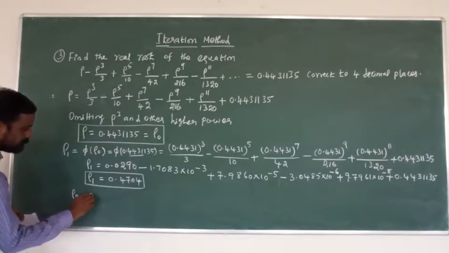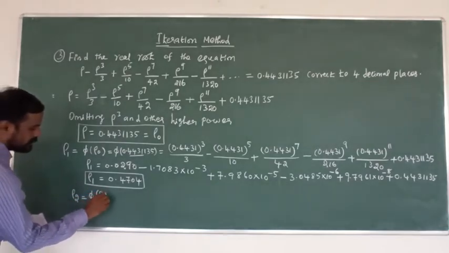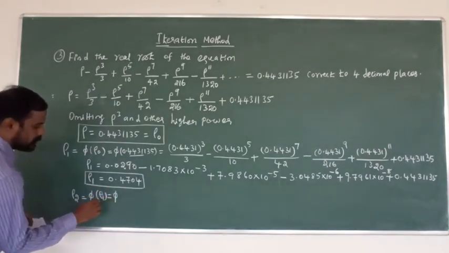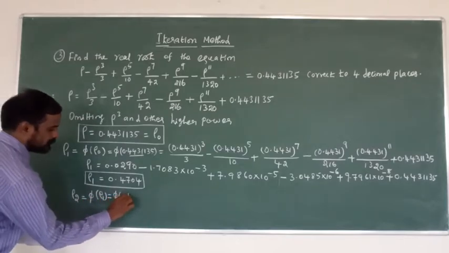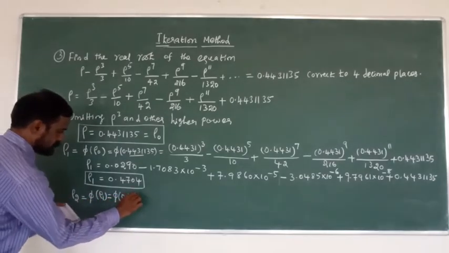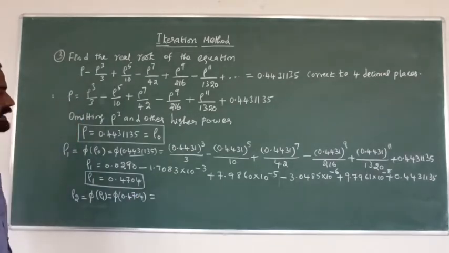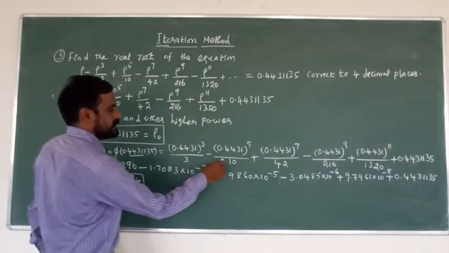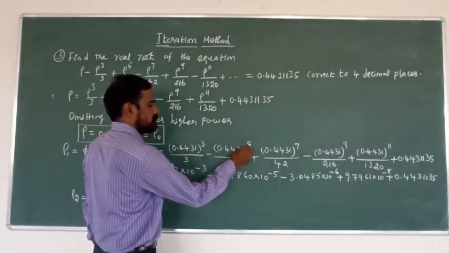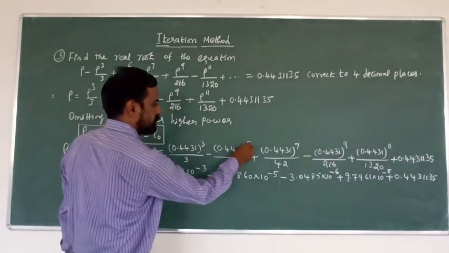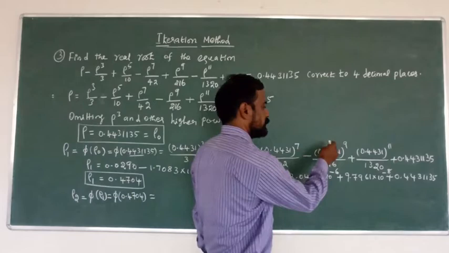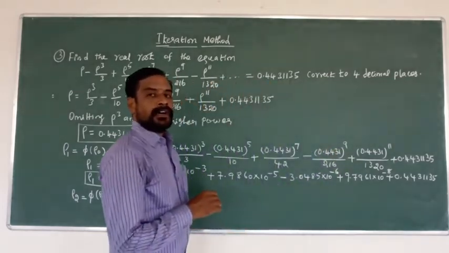Okay. Next, second iteration, rho 2. Rho 2 equal to phi of rho 1, phi of rho 1 value 0.4704. Now to substitute the value, up to rho power 5 and rho power 7; rho power 9 is no use.